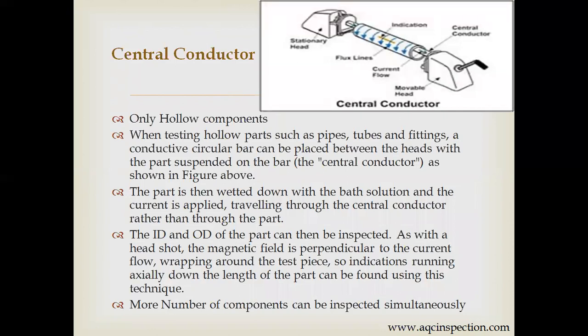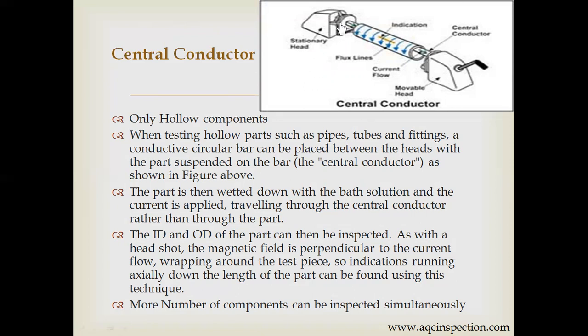Central conductor method. The central conductor method is used only for hollow components, where a copper central conductor is held between two head-to-head conductors and the hollow component is suspended on the copper conductor.